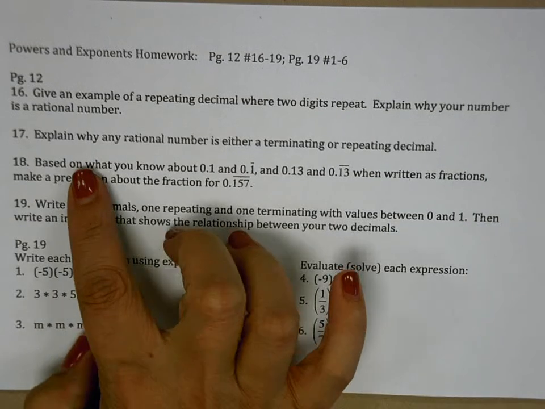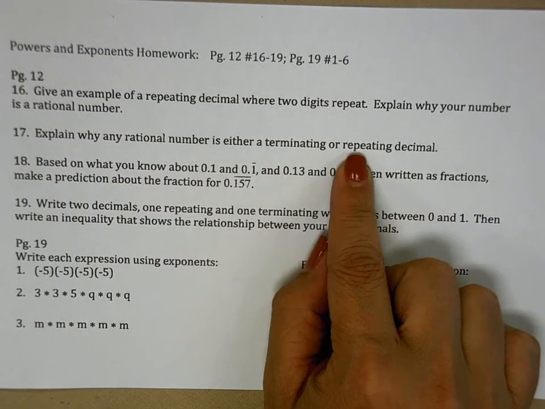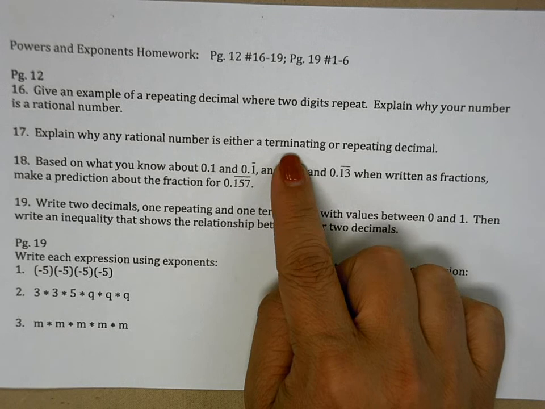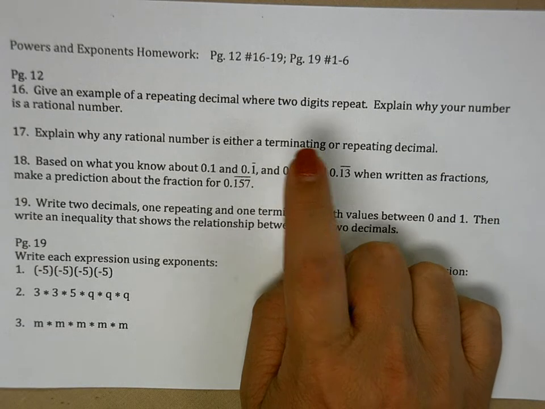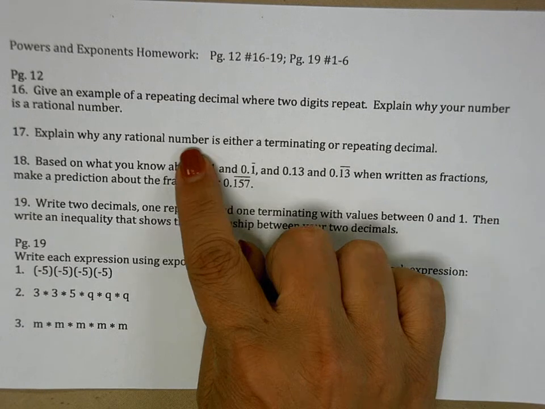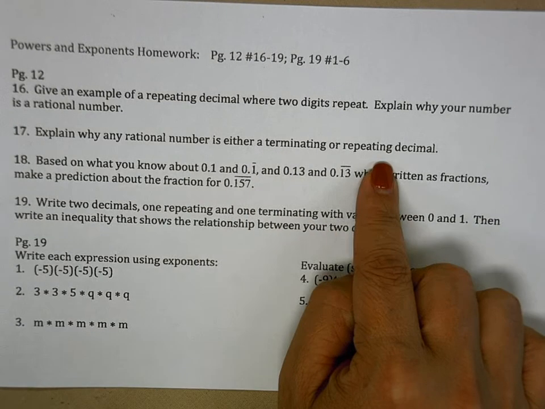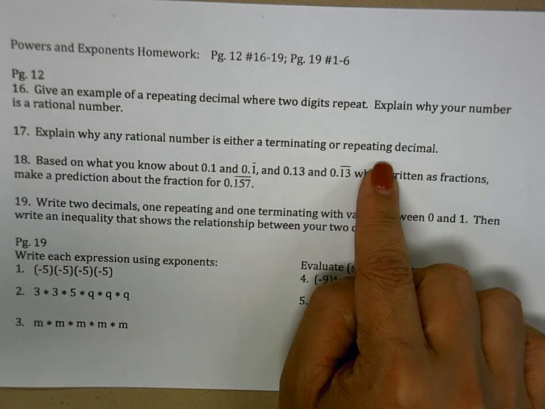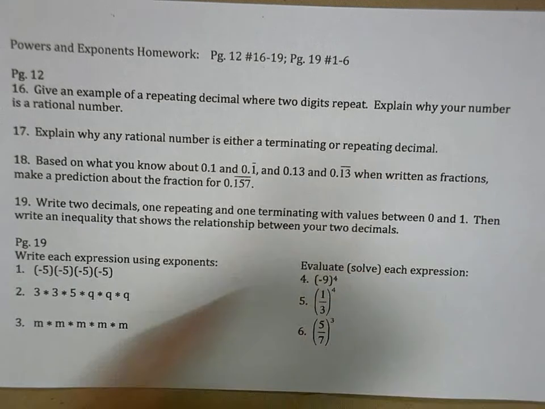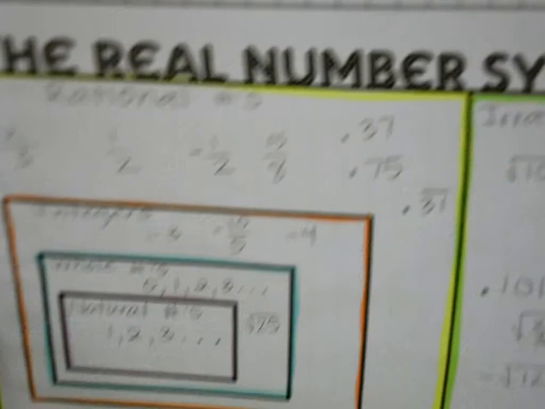Number 17 says, explain why any rational number is either a terminating or repeating decimal. What does terminating mean? Destroy. End, like the Terminator. So why does a rational number either end or repeat? Now, there's a lot of different answers here. You can look in your notebook at the first day or second day we did this chart, and you can be like, oh, okay, these are rational.